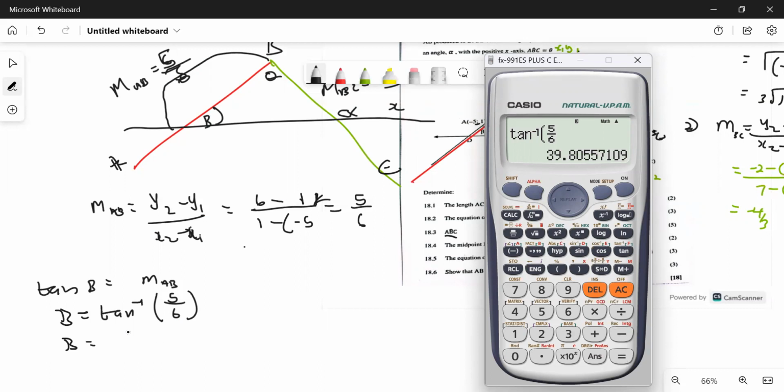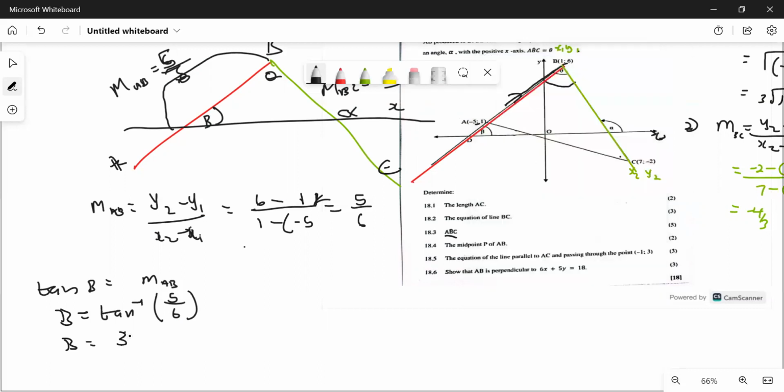And then it gives you 39.81 degrees. So this one, beta, is equal to 39.81. We are done with that one.